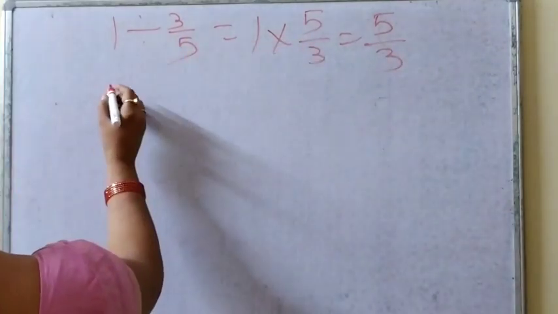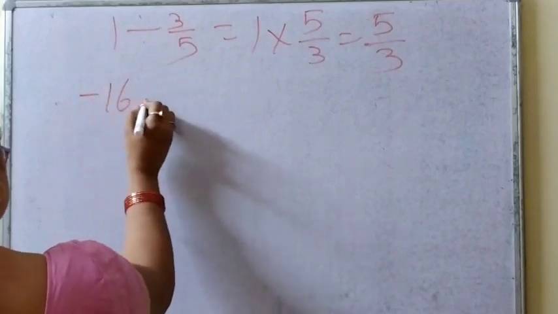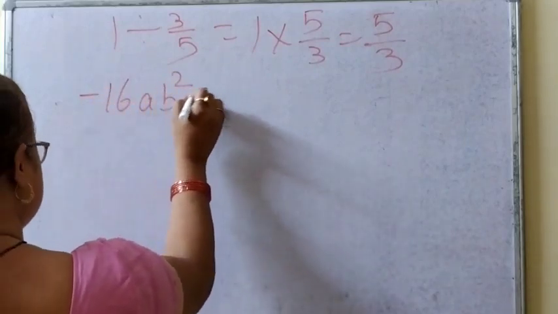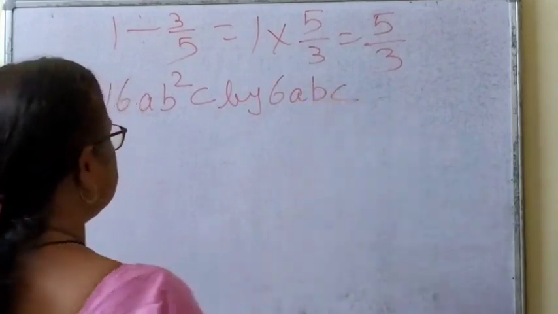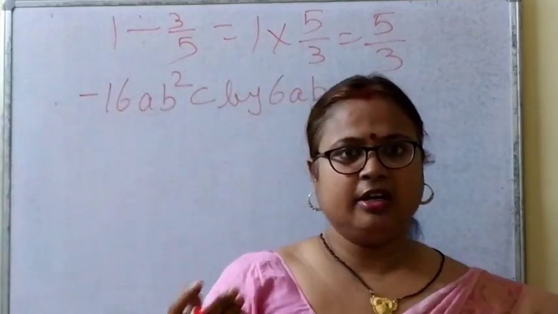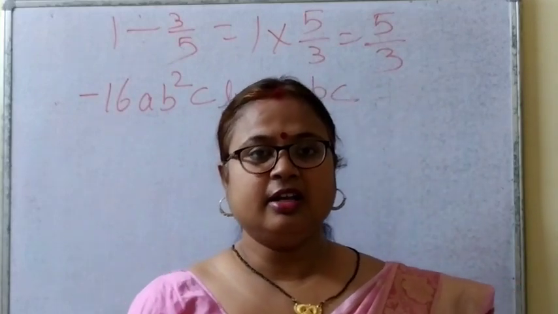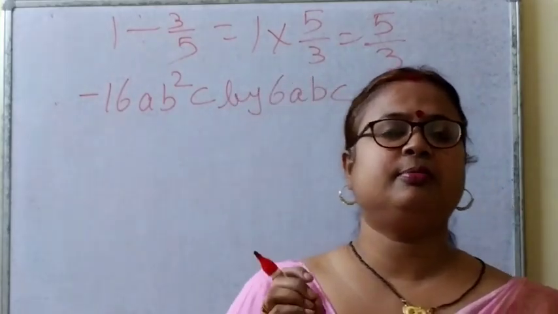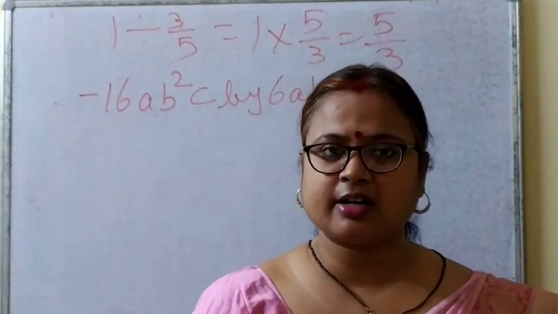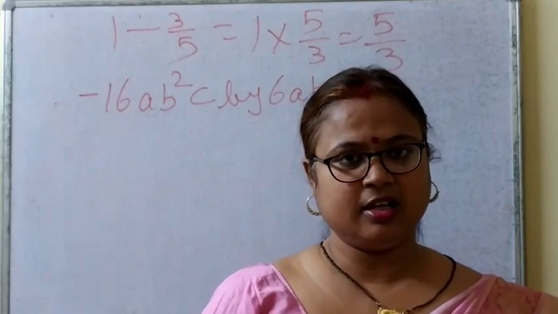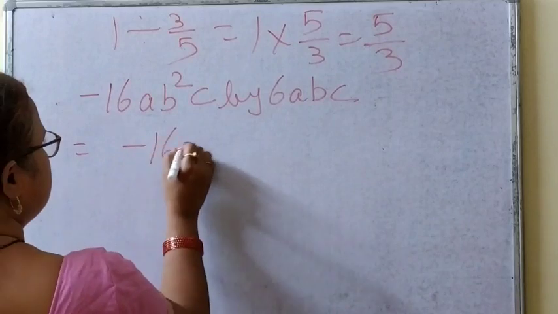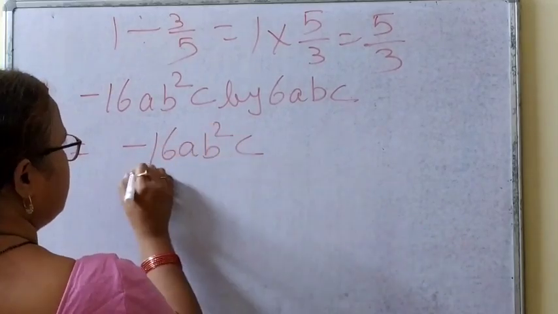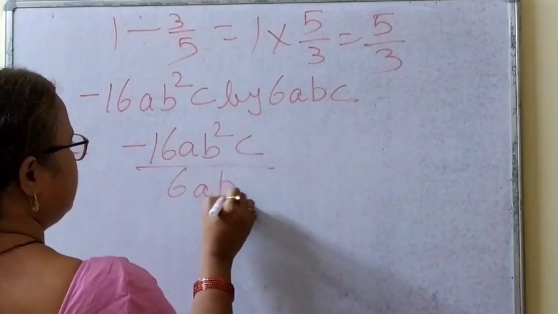Next, if you have to divide, this is the division of algebraic expressions. Now if you have to divide minus 16ab square c by 6abc, of course you know in algebraic division, when the bases are the same we subtract the powers. Clear? So here we will write 16ab square c divided by 6abc.